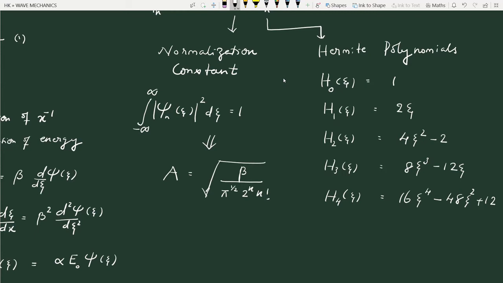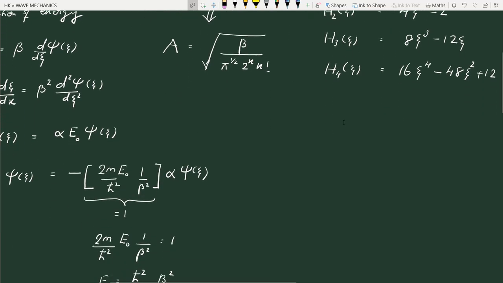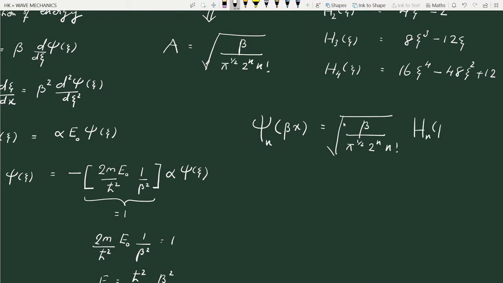So if we write the wave function now, using the complete normalization constant, it will look like this. Instead of theta, let me now write beta x. Theta is beta times x. So let me write the wave function in terms of x: square root of beta by pi raised to half, 2 raised to n, n factorial, H n of beta x, e raised to minus theta square by 2.